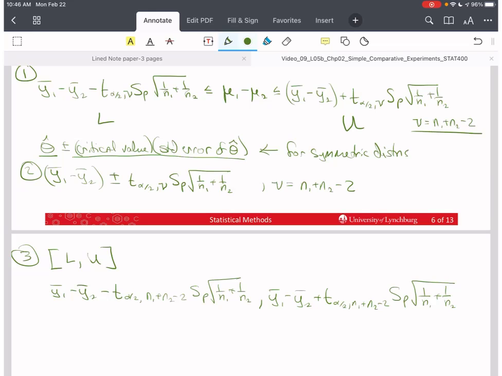And then I need to put my brackets to make it an interval.